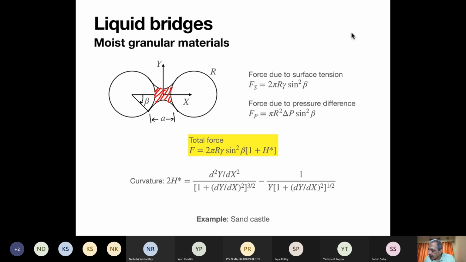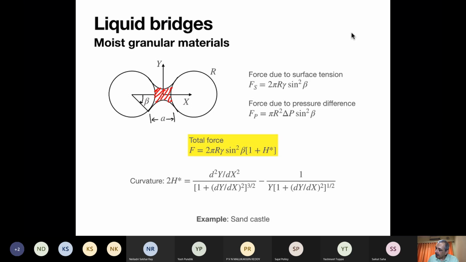In this equation, gamma is the surface tension, r is the radius of the particle, beta is the contact angle, here it's shown, and 2H star is known as the curvature, and that depends on the shape of this interface.